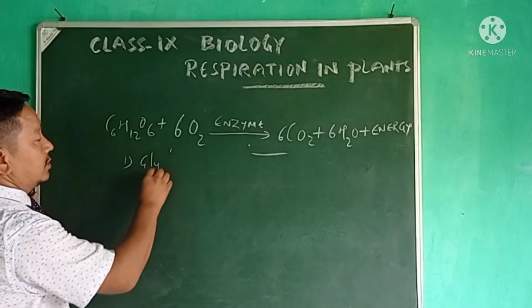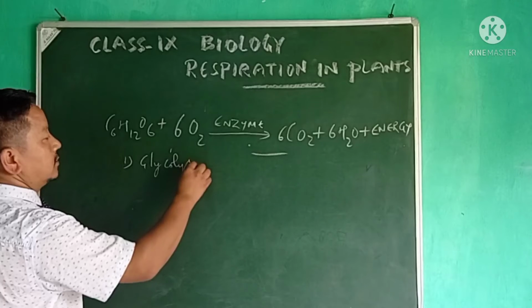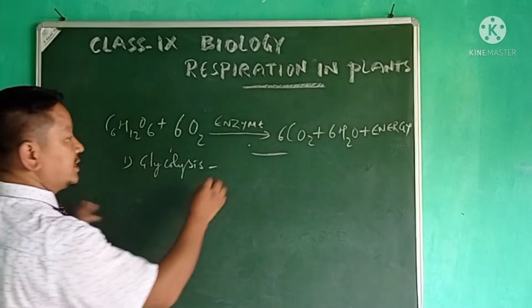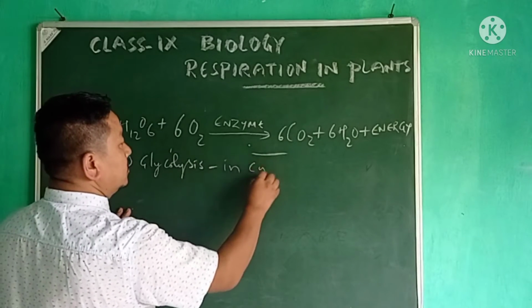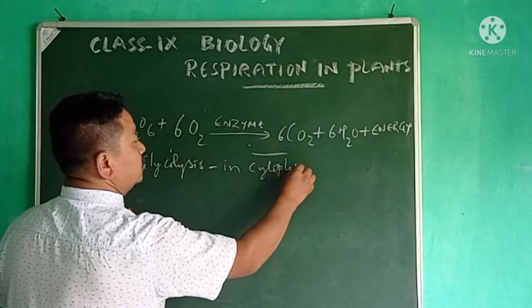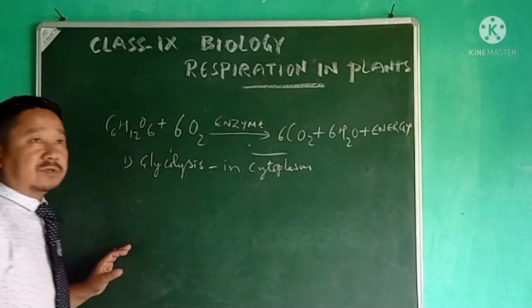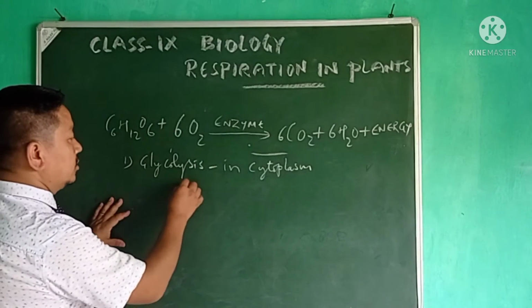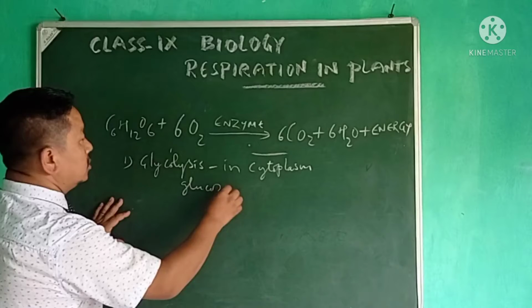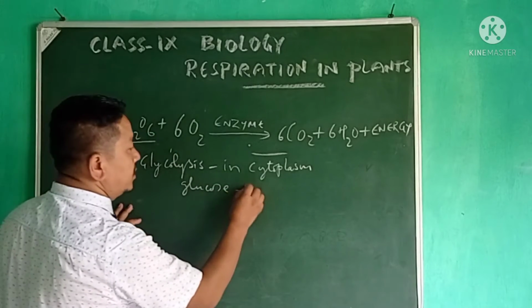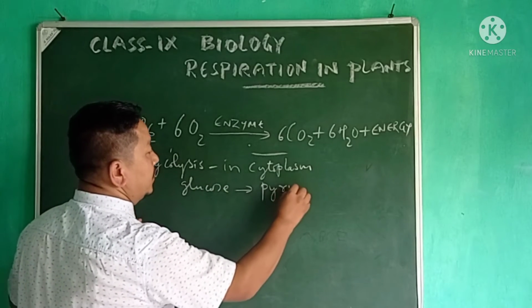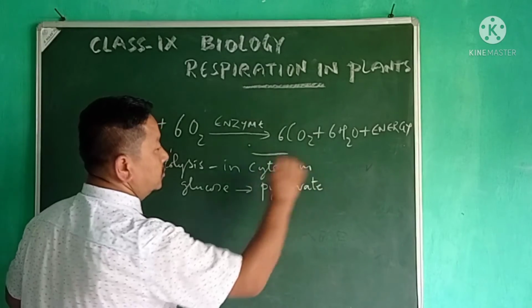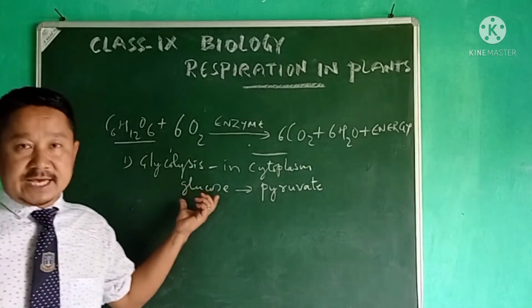They are glycolysis, which takes place in cytoplasm. In this step, this glucose will be converted into pyruvate. That is the first step.